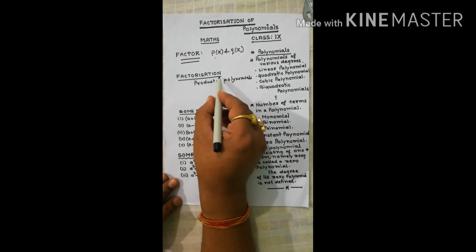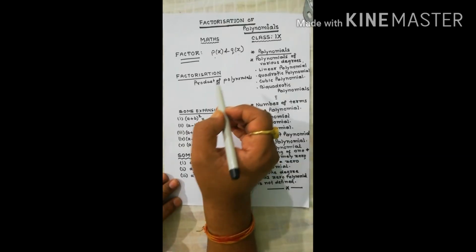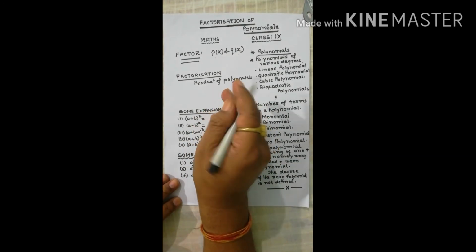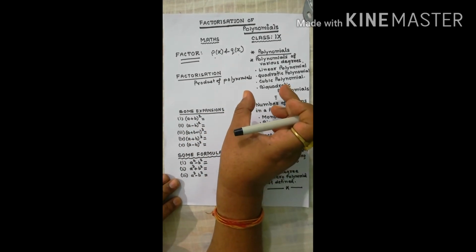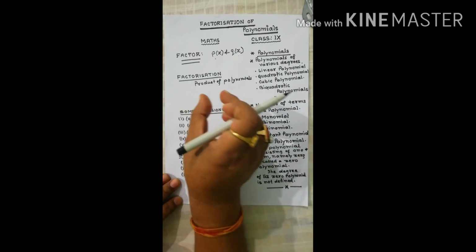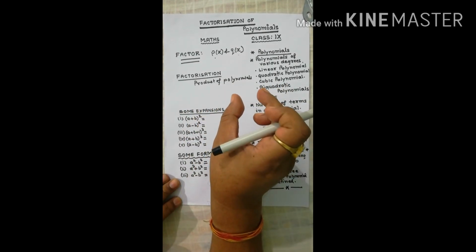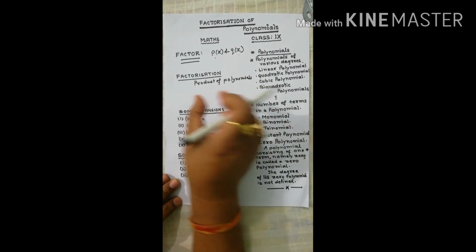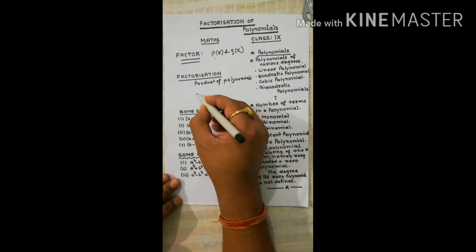That is called factorization. Factorization is a process to change a given polynomial into a product of polynomials of small degrees. That is factorization.